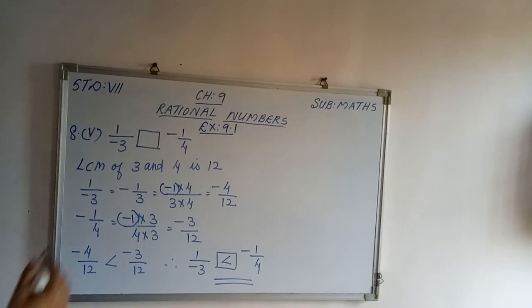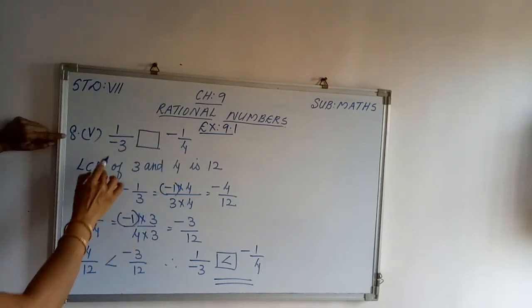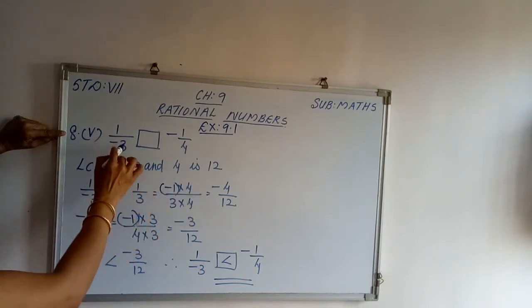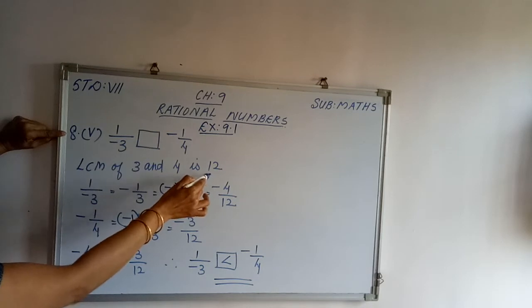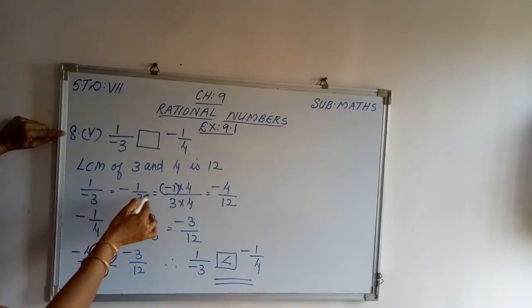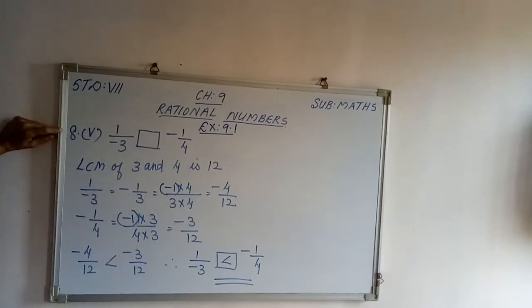Next, 1 upon minus 3 and minus 1 upon 4. So, 1 upon minus 3 we can write as minus 1 upon 3. And LCM of 3 and 4 is 12. So, 1 upon minus 3 is equal to minus 1 upon 3 multiplied by 4 on both numerator and denominator, we get minus 4 upon 12.